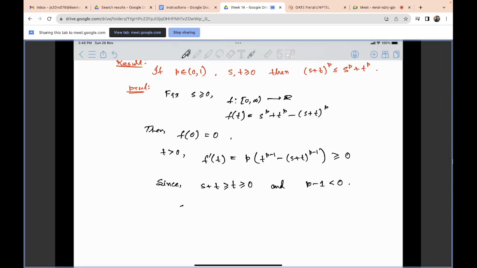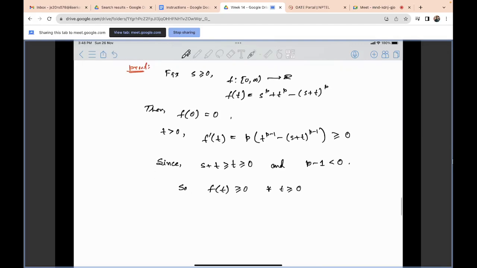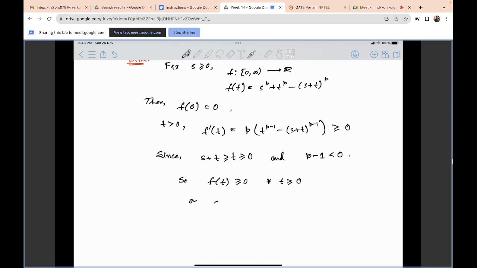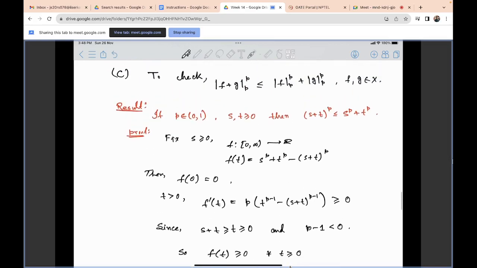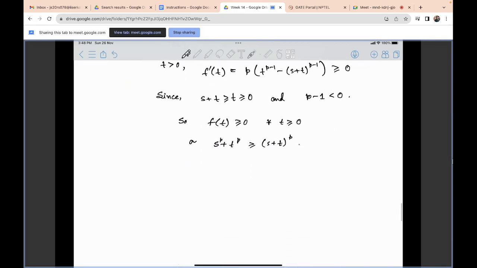Therefore f(t) is bigger than 0 for all t bigger than 0, which means s to the power p plus t to the power p is bigger than (s plus t) to the power p. So this is the proof. Using this, you can prove this one. So this is done.